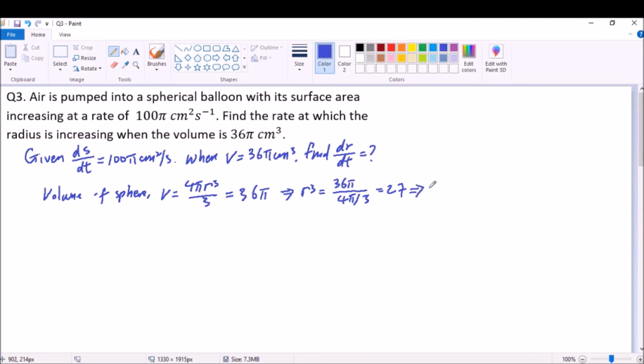This means that r equals the cube root of 27, which is 3 cm.